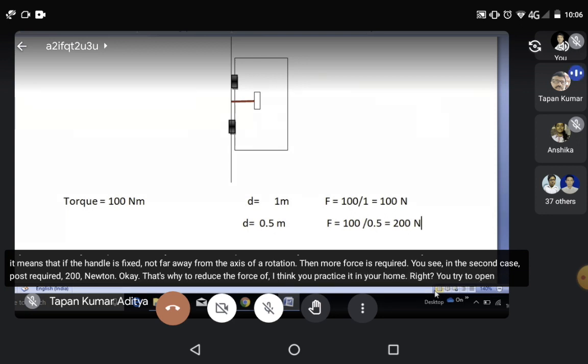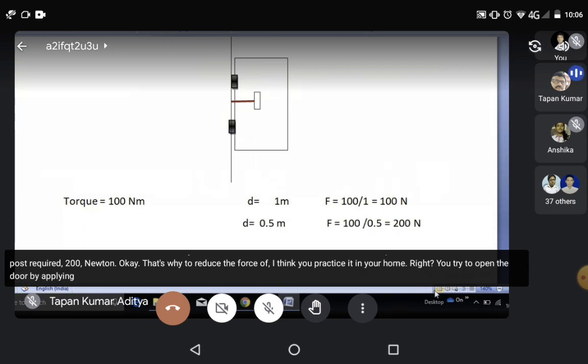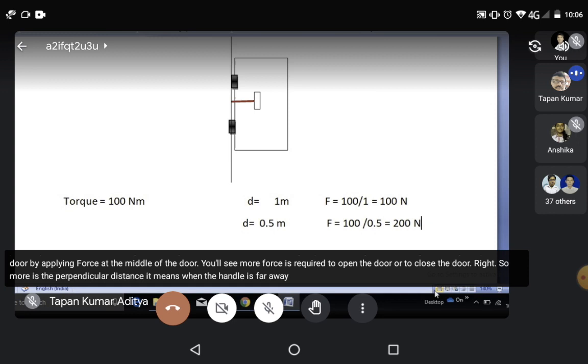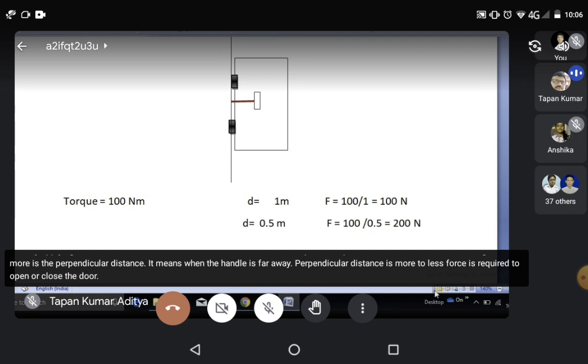Try to open the door by applying force at the middle of the door. You'll see more force is required to open or close the door. So the more the perpendicular distance, it means when the handle is far away, perpendicular distance is more, so less force is required to open or close the door.